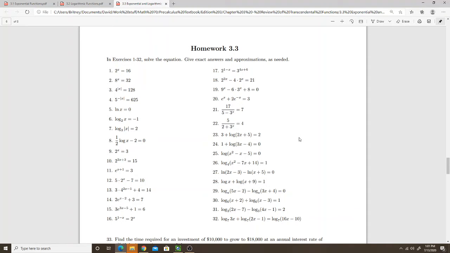But on 3.3, one of the questions was number 17. 2 to the 1 minus x equals 3 to the 4x plus 6. I think this would be a good one for me to work out in detail, because all of the problems are going to be more or less like this. So let's take a look.